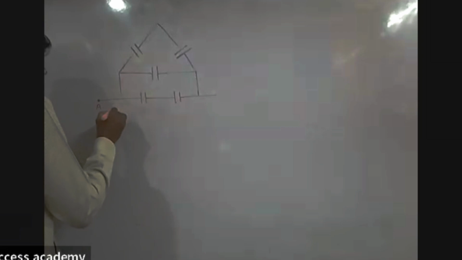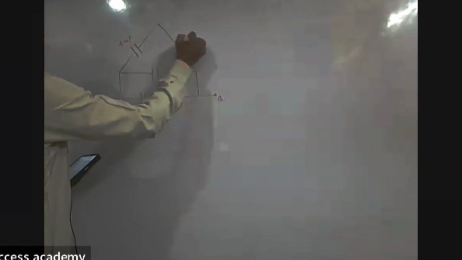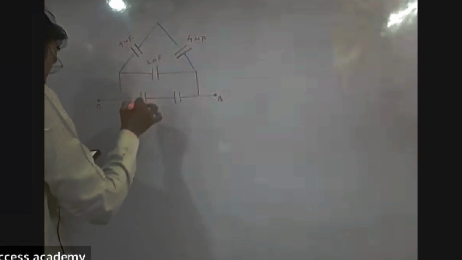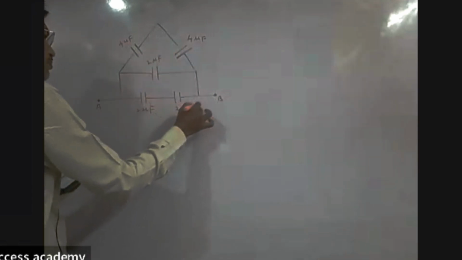This is A and this is B. Now 4 microfarad and this is 4 microfarad. This is 2 microfarad, 2 microfarad and 2 microfarad. Okay, this is the problem.